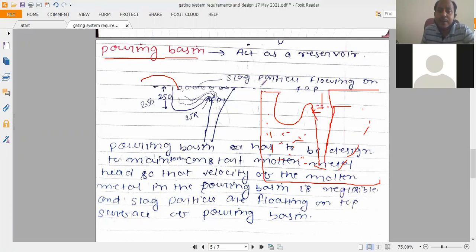So if we pour the molten metal here, it will go slowly and fill up to this portion.